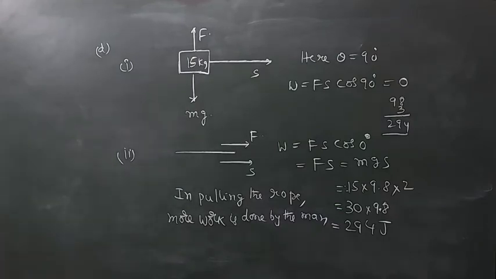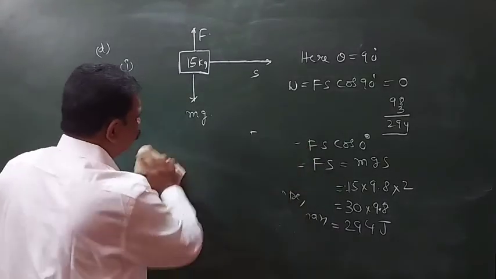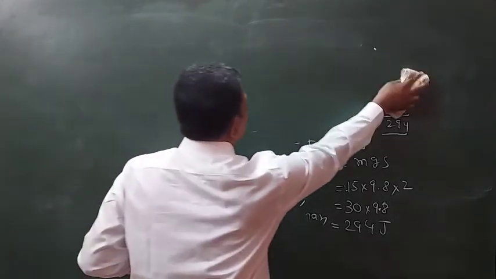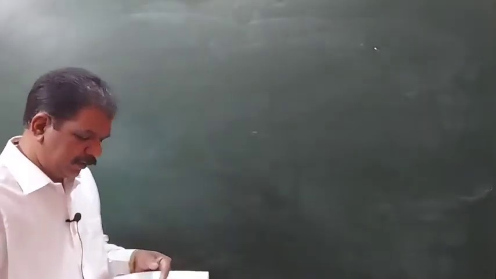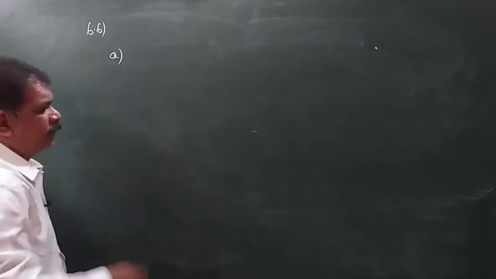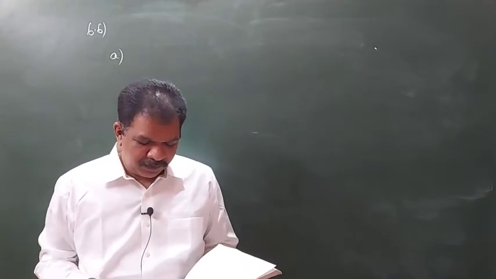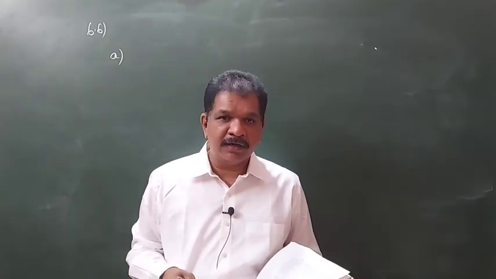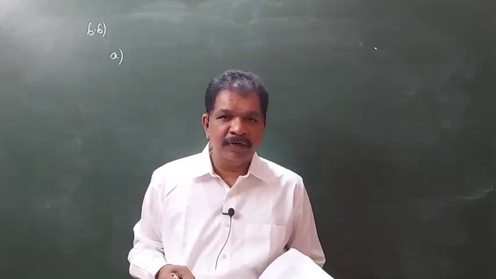What they are asking is, underline the correct alternative. Okay, 6.6. A. When a conservative force does positive work on a body, the potential energy of the body will decrease.